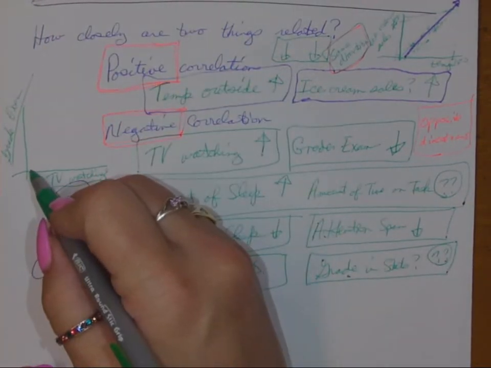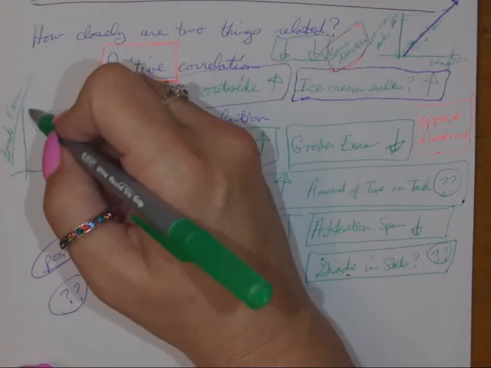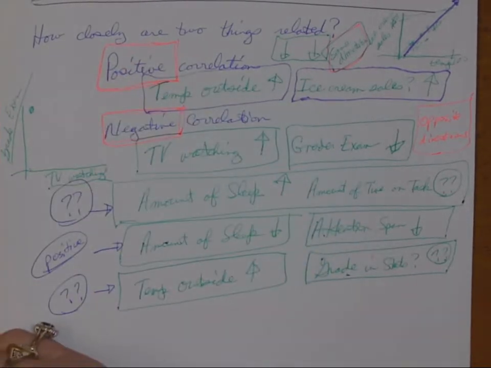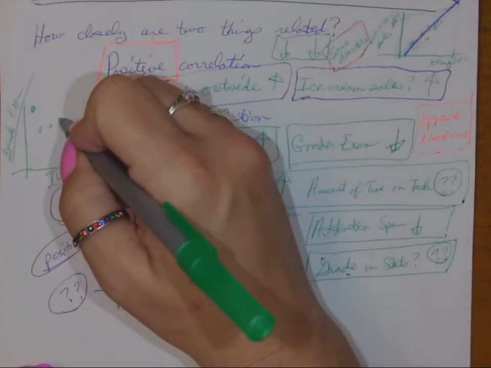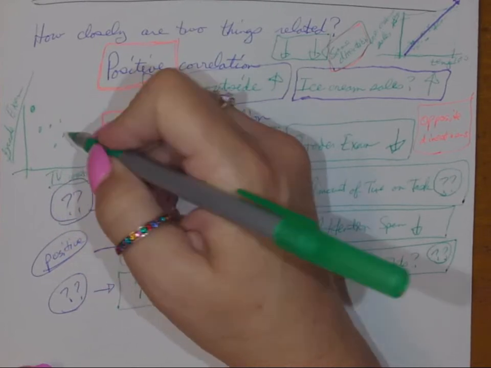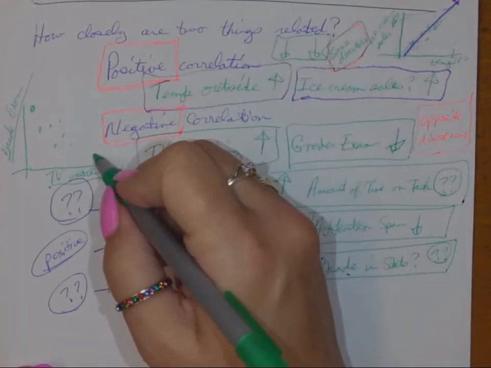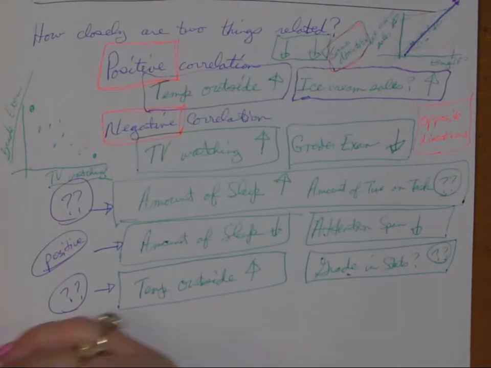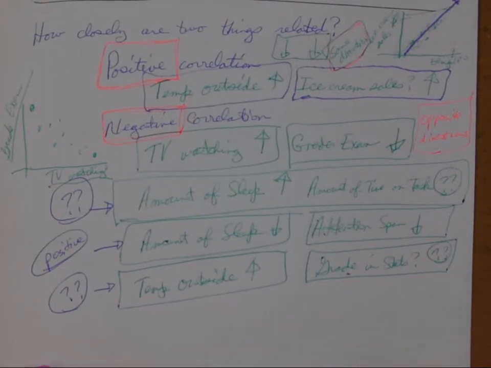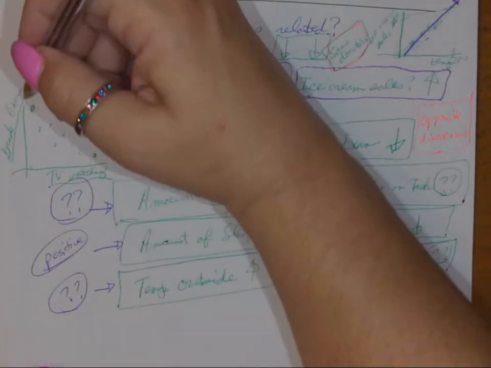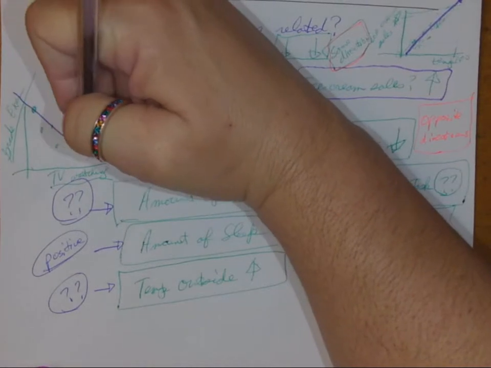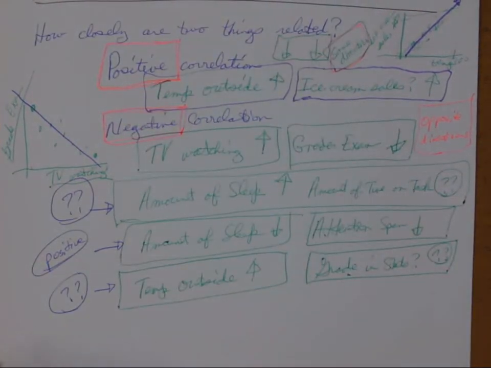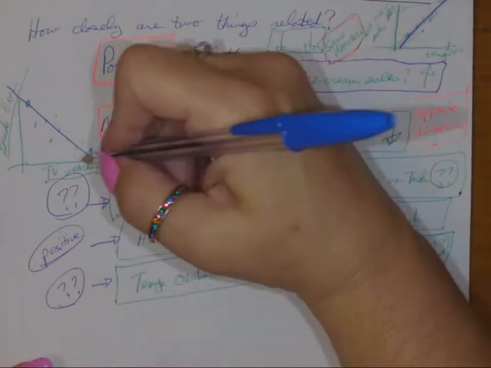Susie Q doesn't hardly watch any TV at all, and she makes 100 on the test. Okay, but I've got some other people that are like this, and then I've got Joey way out here, and he watches a ton of TV, and he just bombs that exam. Okay, when I go to do the line of best fit, and I try to fit a line through the middle of this, I would see a definite downward trend, right?